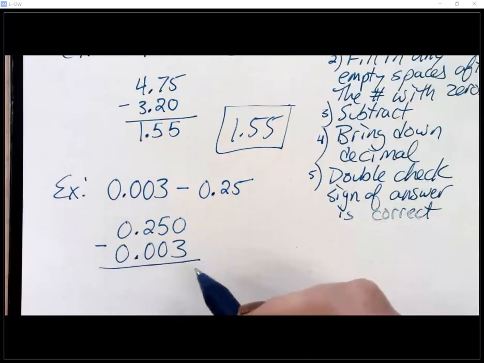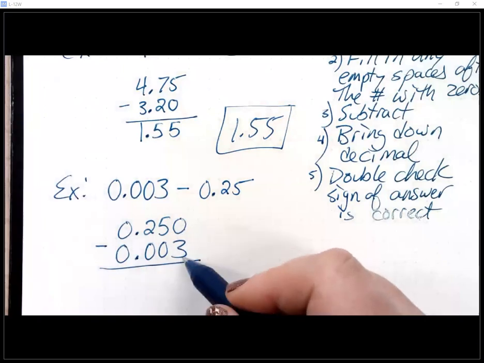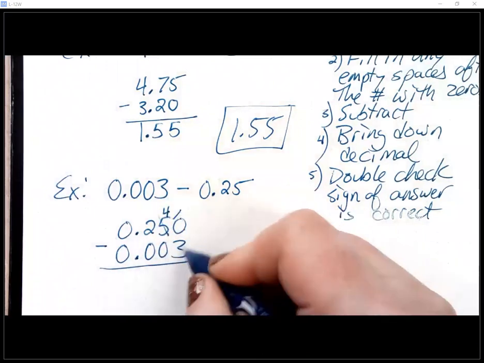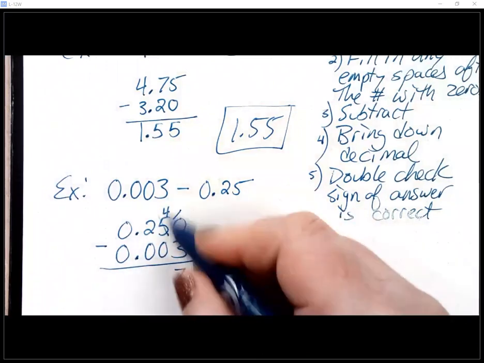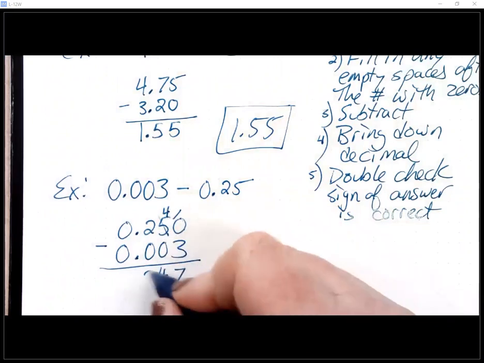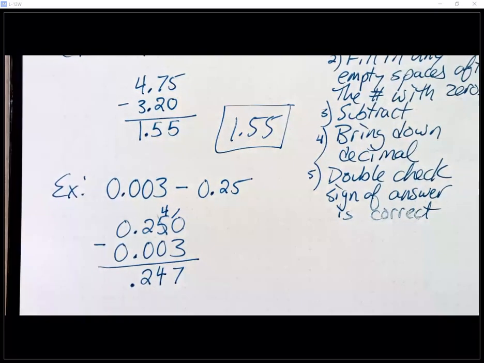Do you remember what you do when you can't, I can't do 0 minus 3, so what do I do? Yeah, you got to borrow from your neighbor. 10 minus 3 gets me a 7. Now I'm subtracting straight down. 4 minus 0 is just 4. 2 minus 0 is 2. I'm going to bring down that decimal. But now it's up to me to know that the answer is negative 0.247.